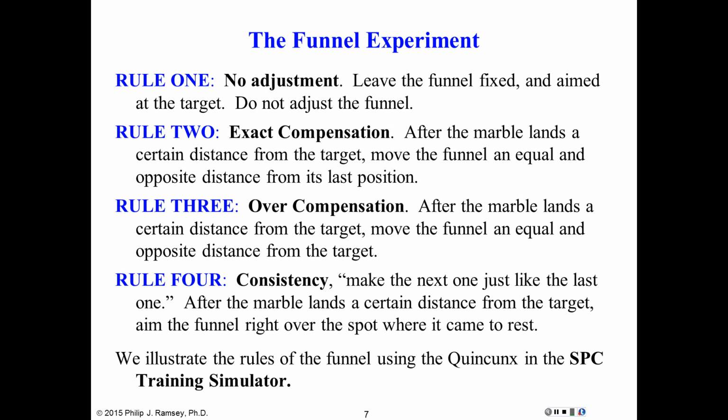And then the last one is called consistency, or make the next one just like the last one. What you do in this strategy, if you drop a bead, suppose it lands at 18. Well, I'm going to give up on hitting 16, but I'm going to be really consistent, so I move the funnel exactly to 18.